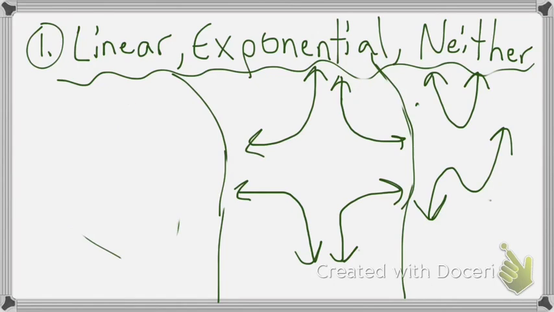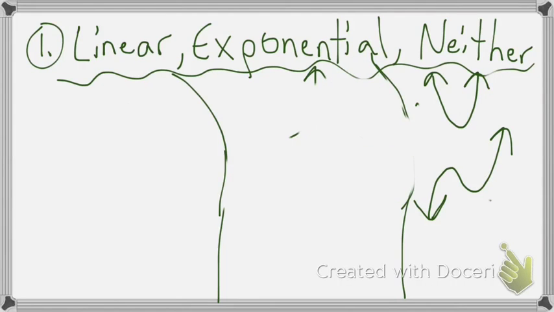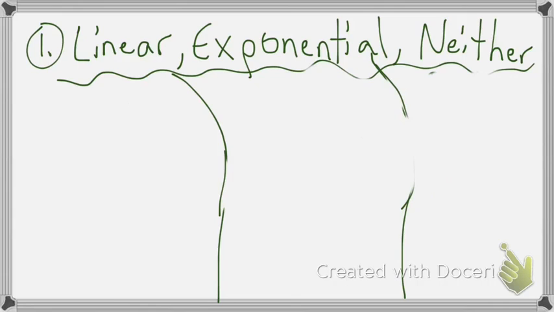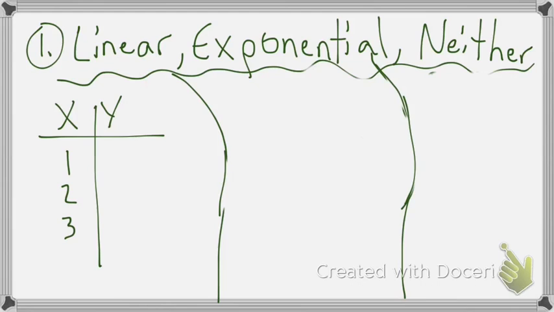And then the last thing is they might give it to you in tables, which is what you're probably most comfortable with. I like the tables the most. But remember, linear means they're adding or subtracting. So that would be a table. I mean, there's a lot of different options. But this would be linear because they go down by 2 every time.